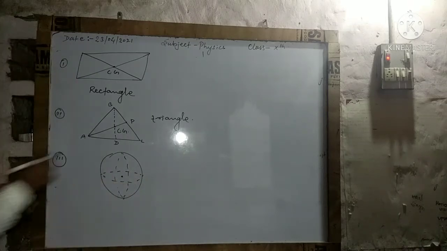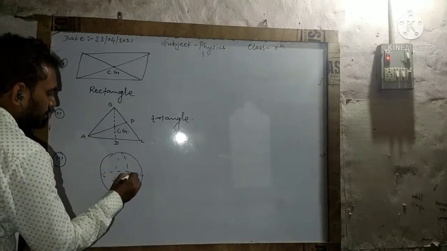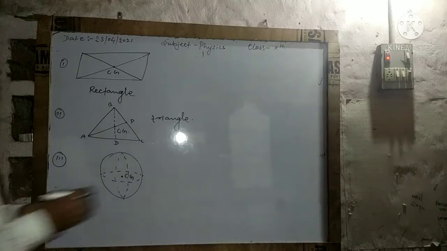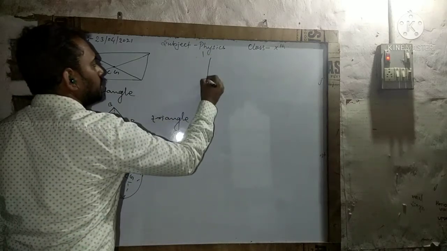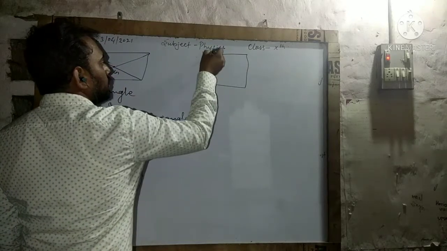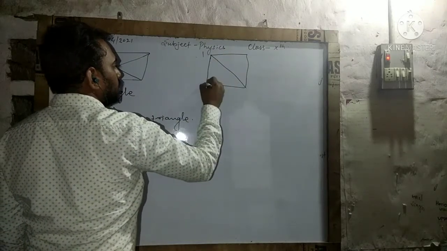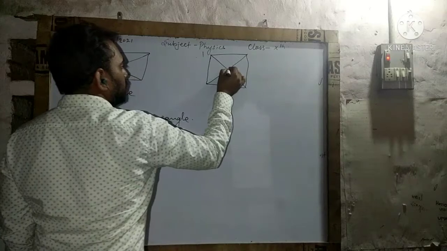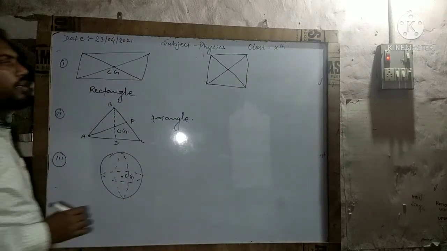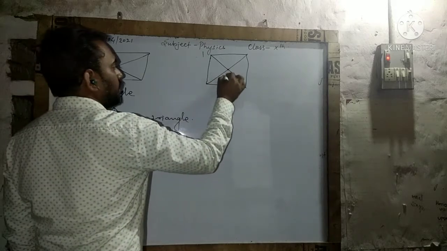A solid sphere has its center where its center of gravity will be. Now come to a square. For a square you have to draw the diagonals, and the intersection point of the diagonals will give you the center of gravity of a square.